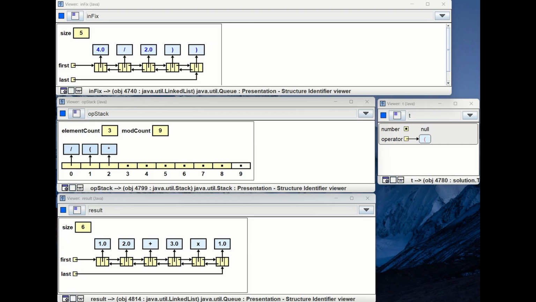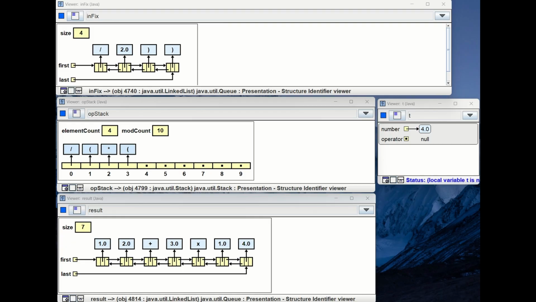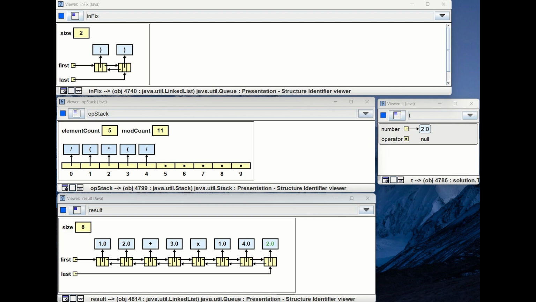The open parenthesis can always go onto the stack. We have our 4. Numbers always go to the result queue. We have our division sign. As we examine that, we see that our stack has an open paren, so we're going to push that onto the stack. The number 2, we always push that, enqueue that into our results queue.